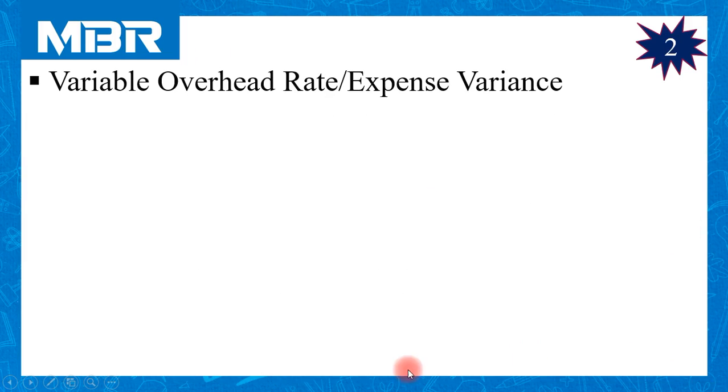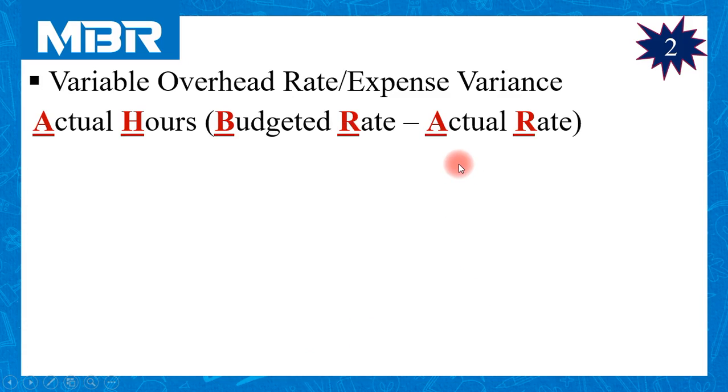Let us enter into the second variance. It is the variable overhead rate or expense variance. Formula: actual hours into bracket budgeted rate minus actual rate. I have discussed in the first lecture of variable overhead variance that it is like sales price variance: actual quantity, budgeted price minus actual price.